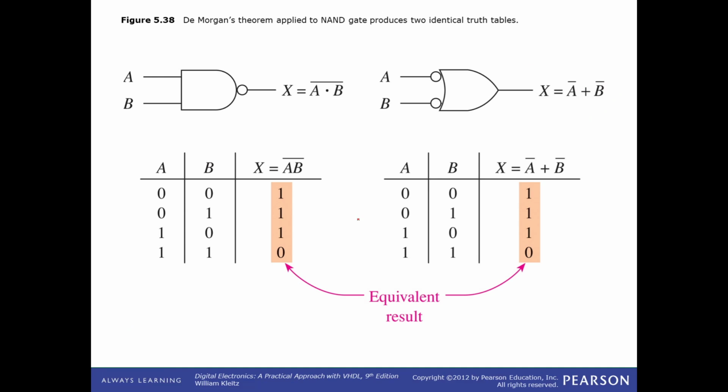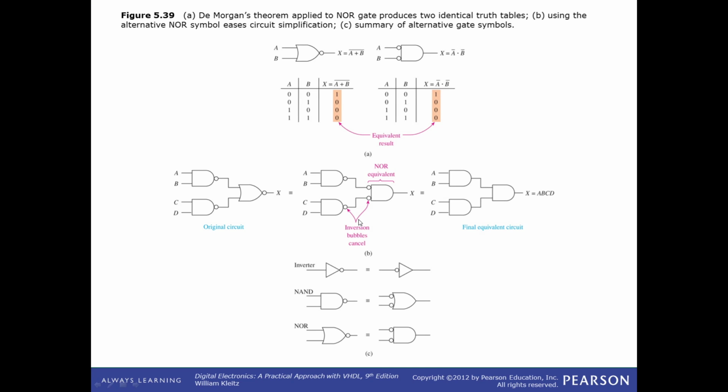So here they're just showing something called bubble pushing, and I think they mention this in the next slide, but this thing called bubble pushing, which is you have this original circuit, and you'll notice that this is a NOR.